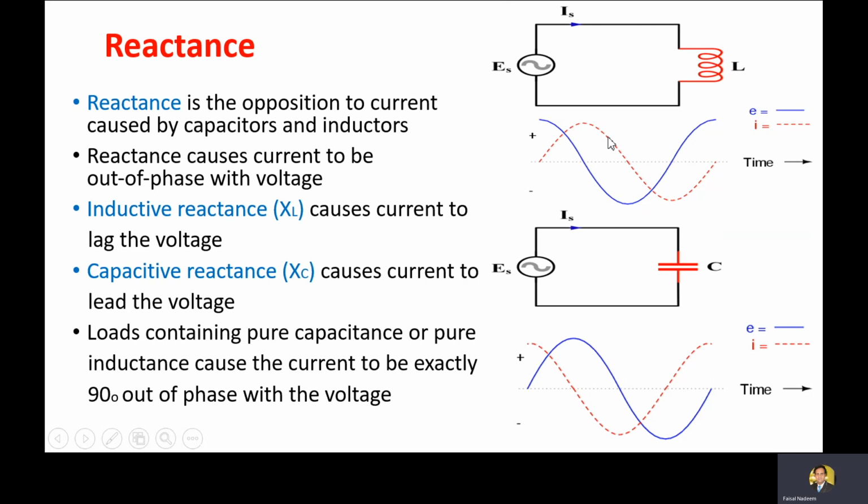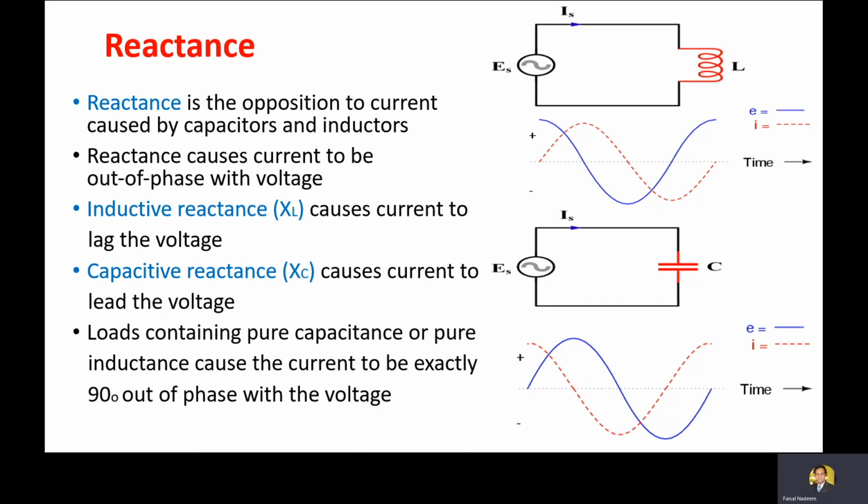Now, if this current waveform reaches its maximum position, which is 90 degrees later than the voltage waveform, then it means that the current is lagging the voltage. Now, how? In this figure you can easily see that the voltage waveform reaches its maximum position before the current waveform.